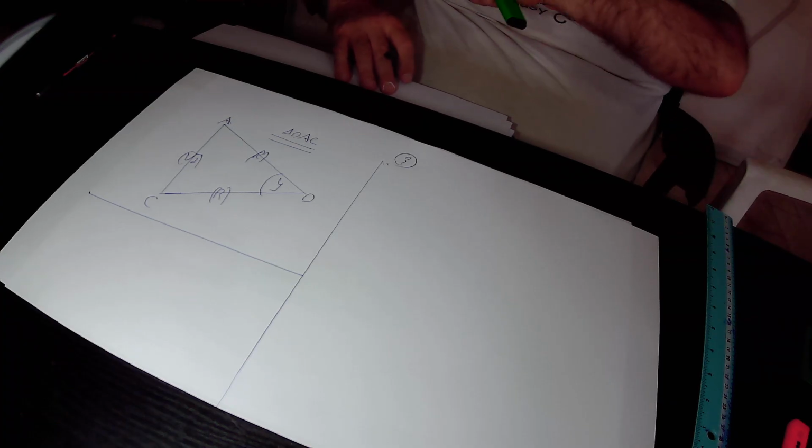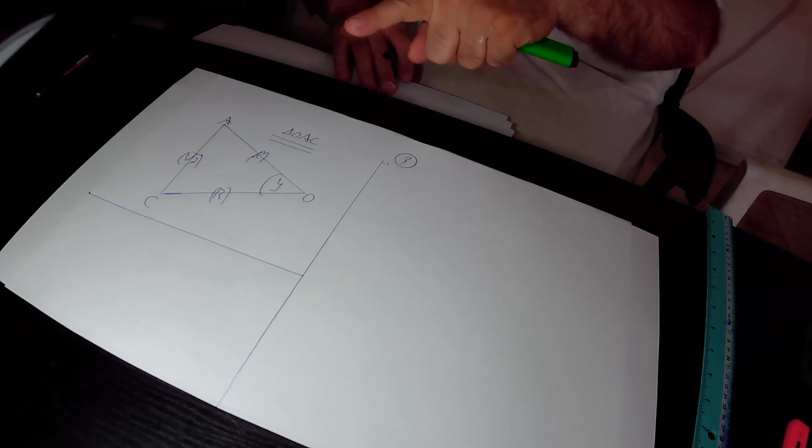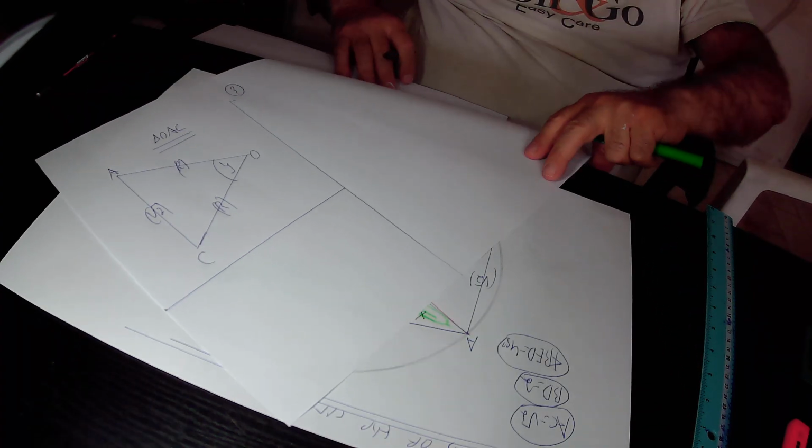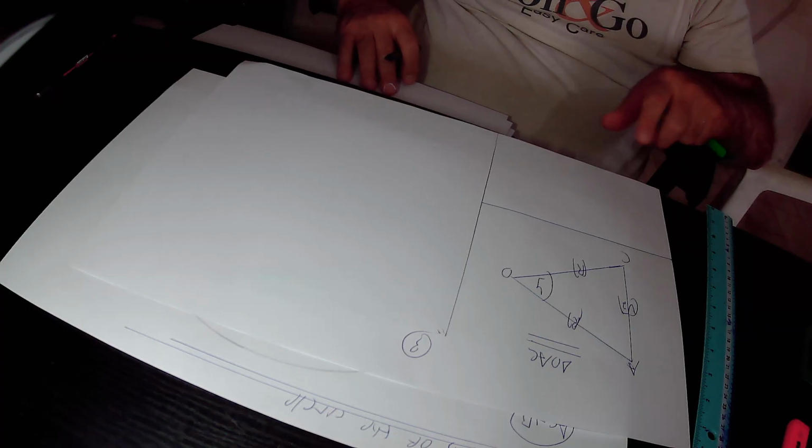In the next step, we will apply the law of cosines in this triangle, triangle OAC.